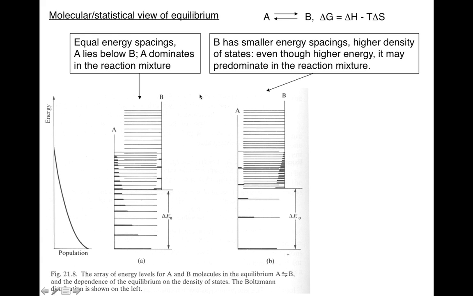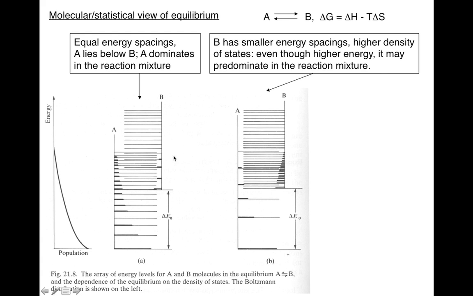You can imagine that A and B both have equally spaced energy levels. The ground state here, first state here. The spacing is equal in both cases, but the ground state of B is just higher in energy by some amount. Okay, so equal spacings. Okay, then if we think about how these energies are filled up, which is shown by the darker bars here, you can see that more particles are going to be in A than in B. Okay, so A is going to be favored in this reaction, in this mixture.